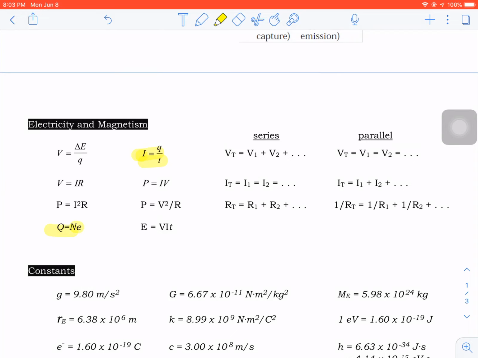Down here we've used Q is equal to N times E. We just use those two formulas for today's class. We're just going to keep building as we work through all of these formulas here.